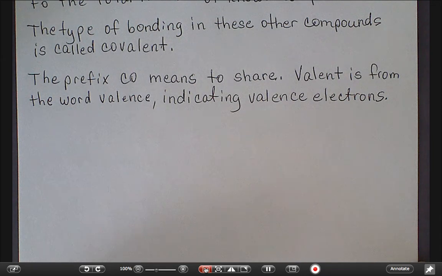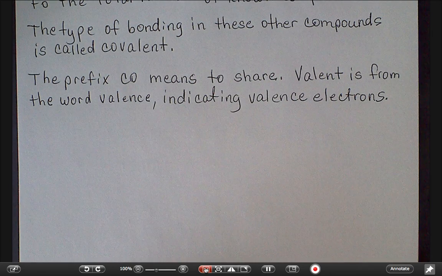So in this type of bonding, they're going to do what with their valence electrons? Share them. Okay.